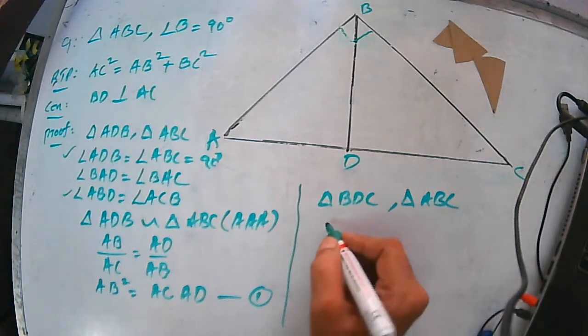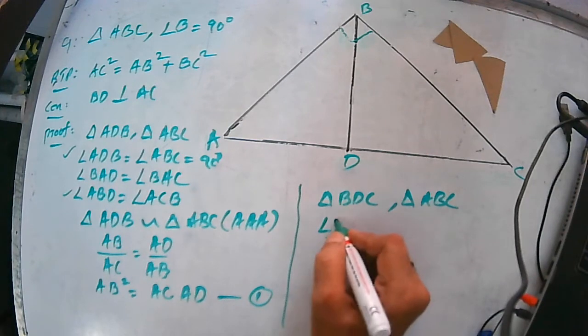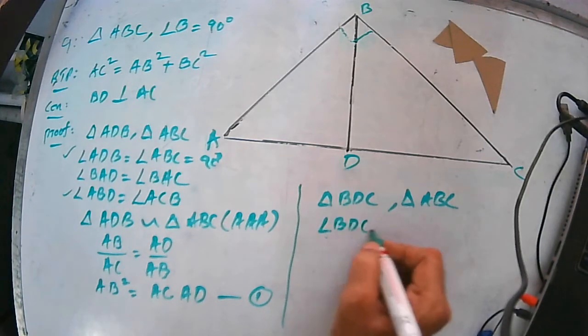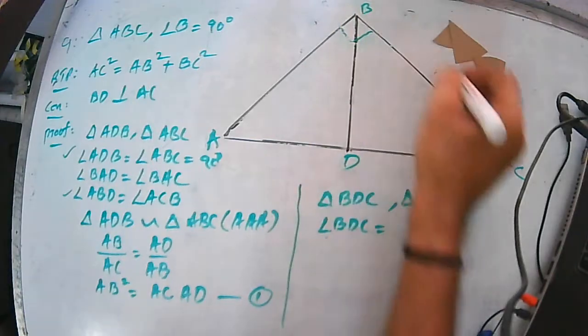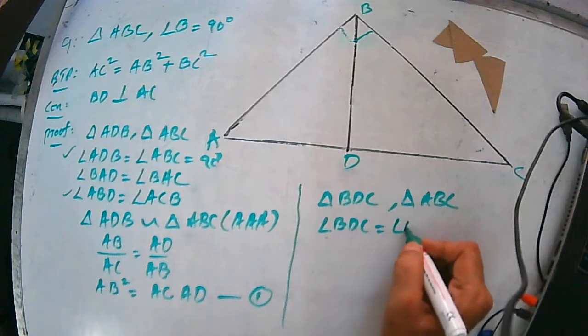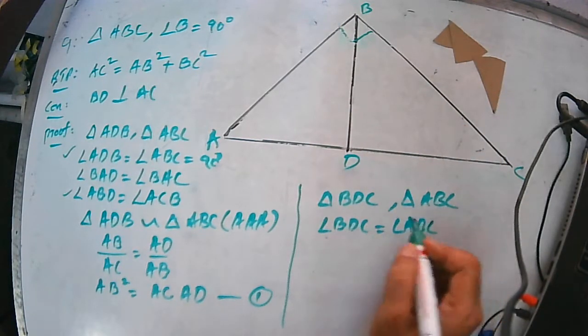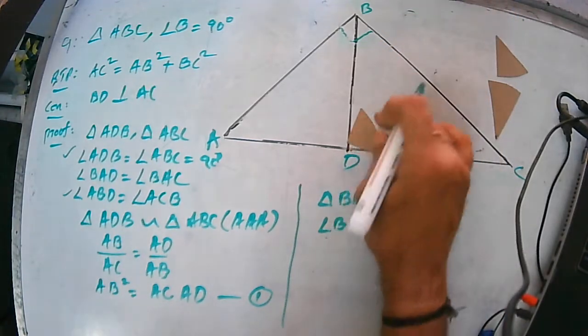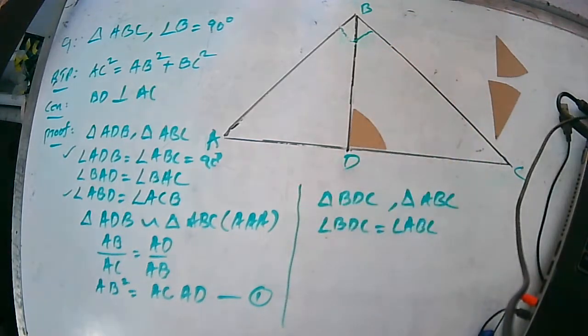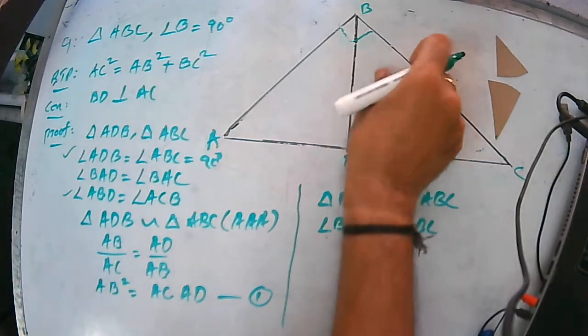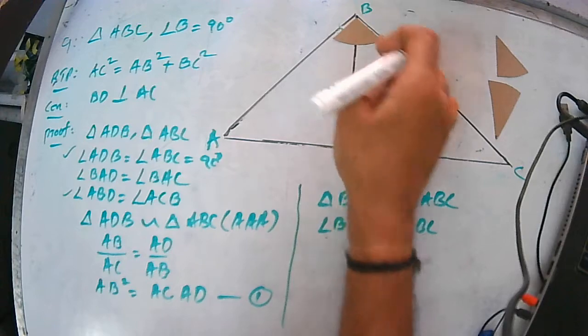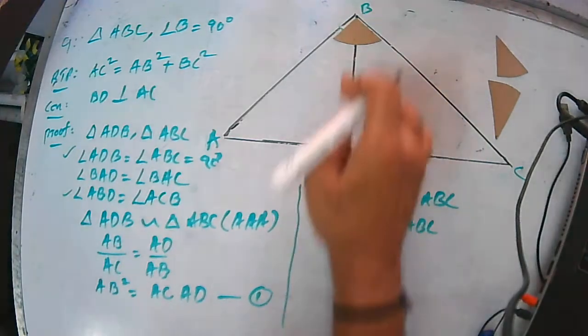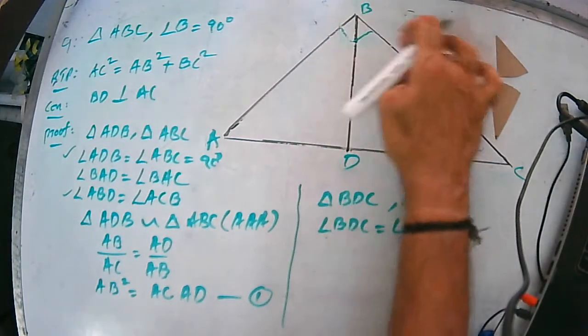So in triangle BDC, angle BDC is 90 degrees, similarly angle ABC is also 90. Look here, angle BDC is 90 degrees, and the same 90 degrees we can see here also. So both are equal. Okay.